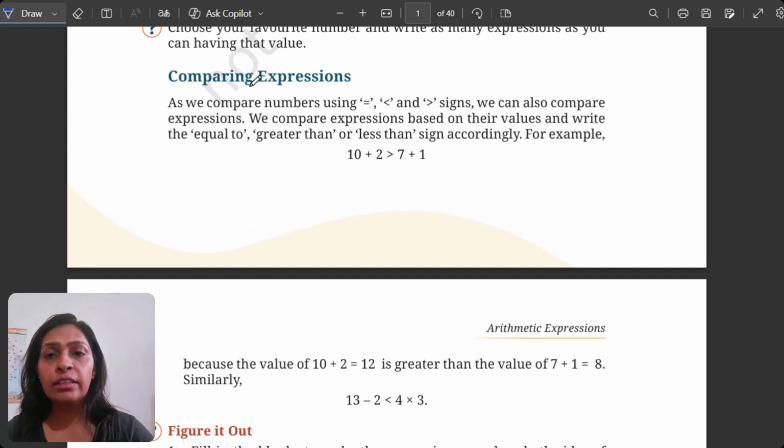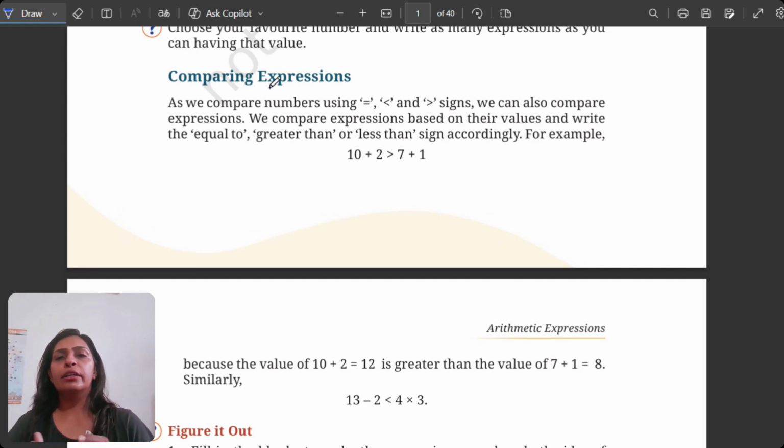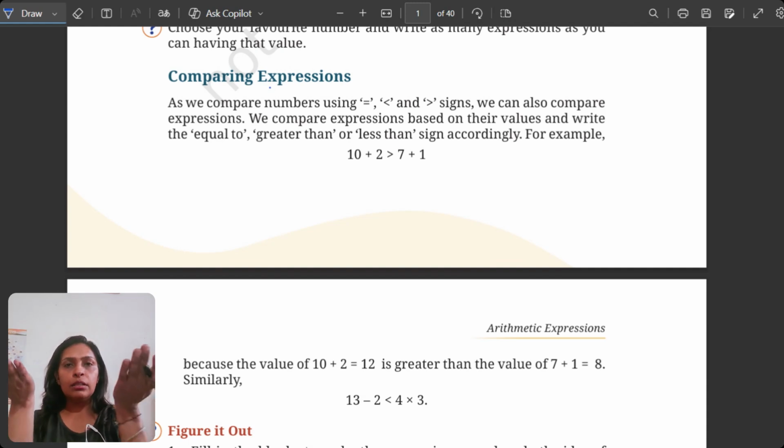Now, for comparing expressions, just think like this. Whenever we have two quantities, what kind of comparison can they have? Either both quantities are equal, or the first quantity is bigger than the second, or the second quantity is bigger than the first.